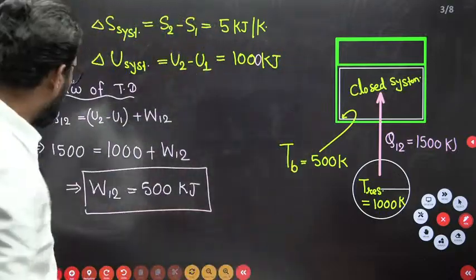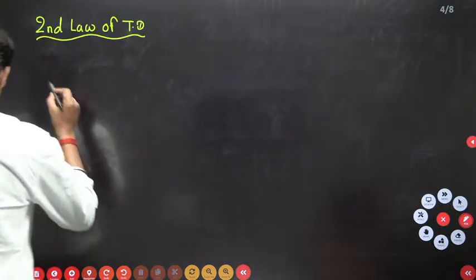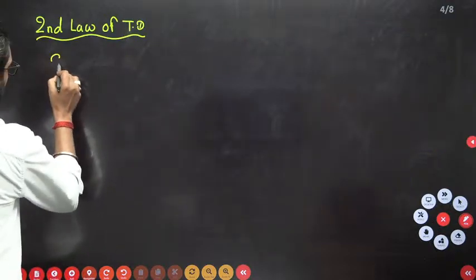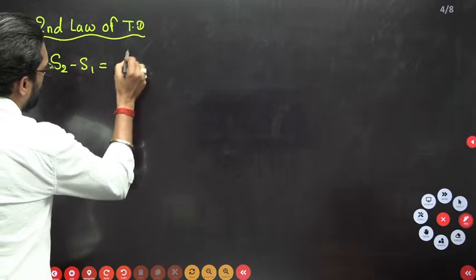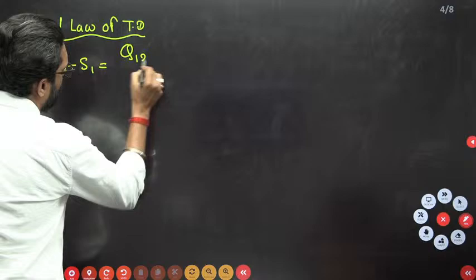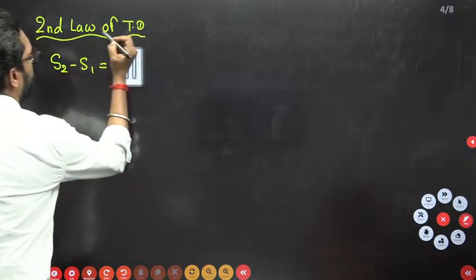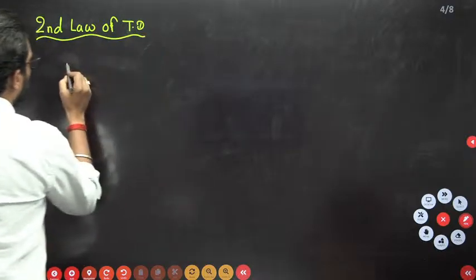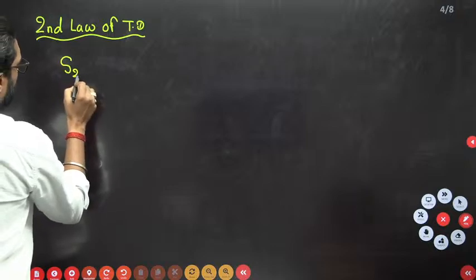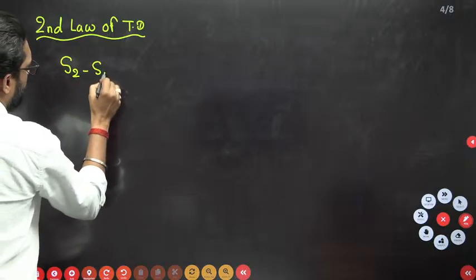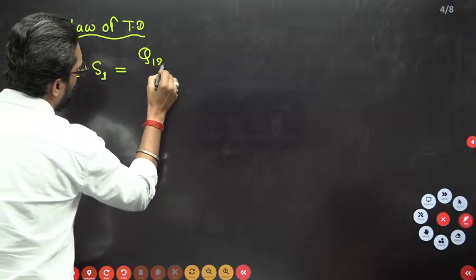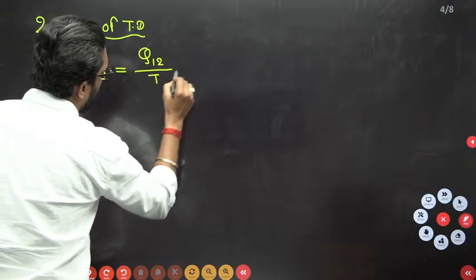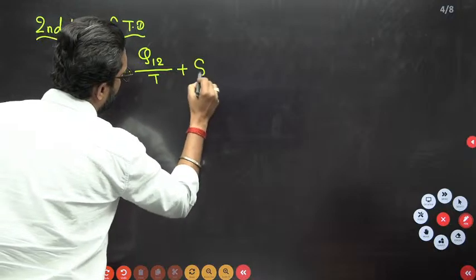So, what is the entropy balance of a closed system? S2 minus S1 is equal to Q1-2 by temperature plus S generation, the entropy generation.